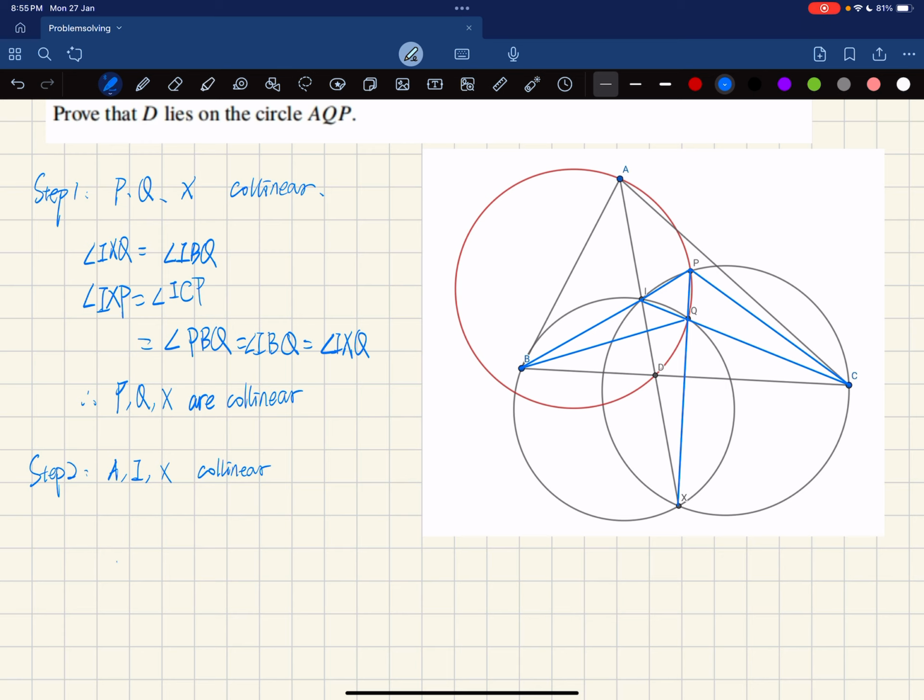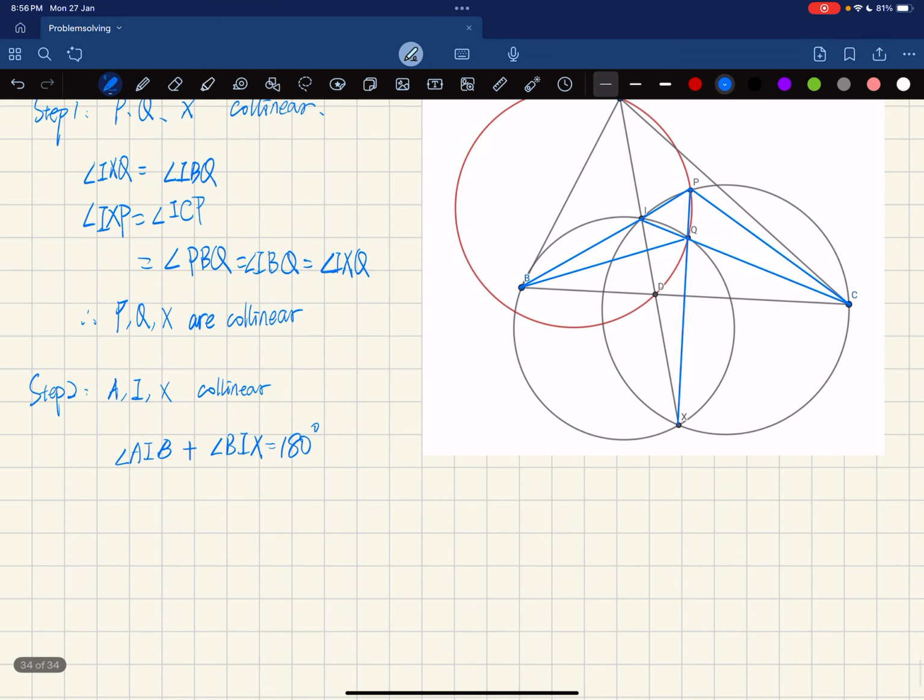We can try to prove this equation: angle AIB plus angle BIX equals 180 degrees. So that we can prove that.